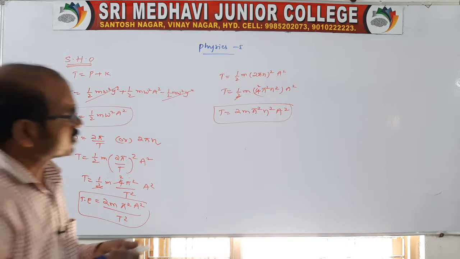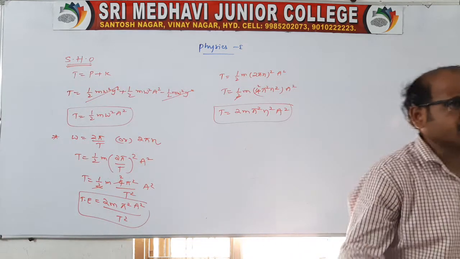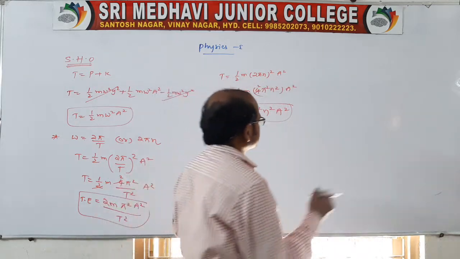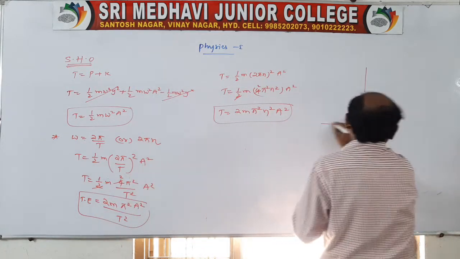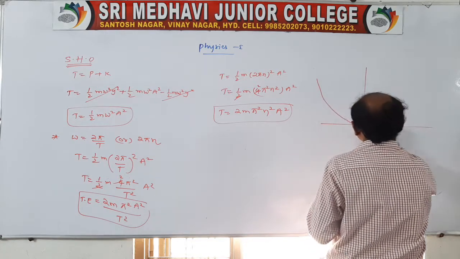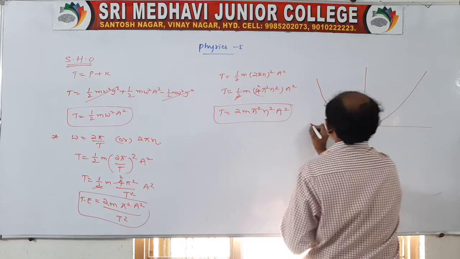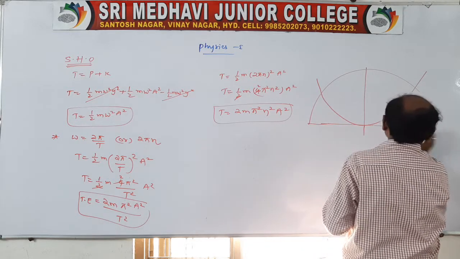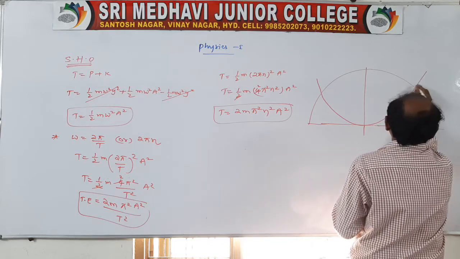Right? And now let us move to the graph, the total energy curve. Take both together. You draw this as the potential energy curve, and this as the kinetic energy curve. So we take them together and get the final expression.